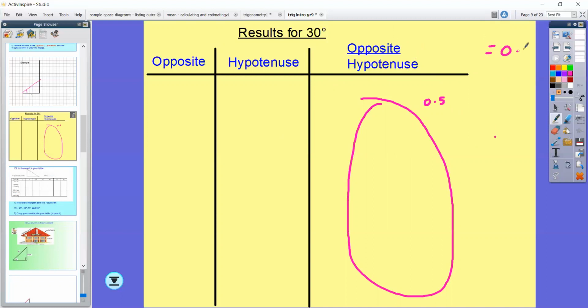But to replace all of that long sentence, we can say sine of 30 degrees. I'm going to put this in brackets. And again, this is a function, remember. This is not multiplying, as some students will think it is. It means the sine of 30 degrees, not sine times 30 degrees.